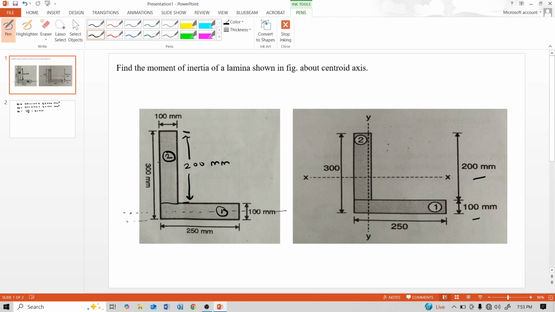Now next, for this second rectangle, the centroid, that means Y2, is this distance: 100 plus 200 by 2. That means 100 plus 100, 200. This much is the total distance.